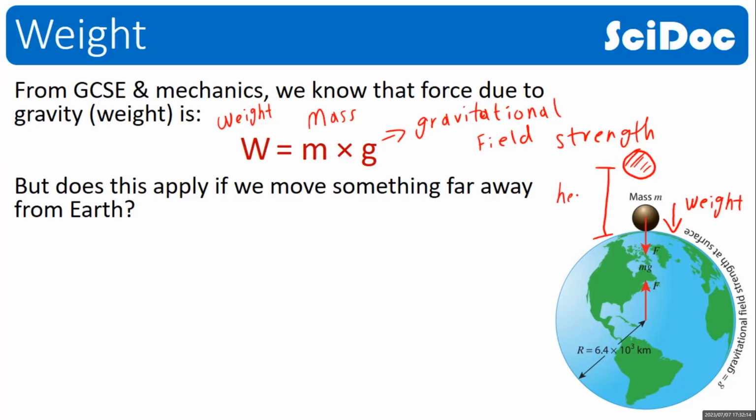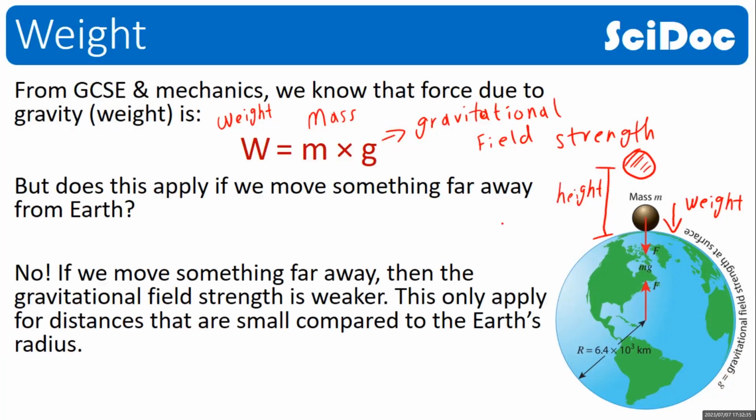So this is the height at which I have taken this object from the surface of the earth. Now this object is not placed on the surface. It is at a certain height from the center of the earth. So can we apply the same formula to calculate the gravitational force? The answer is no.